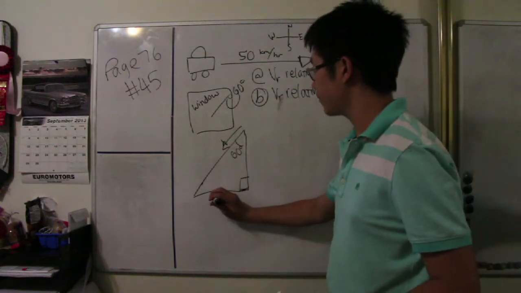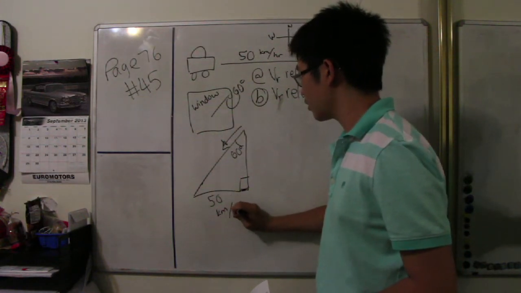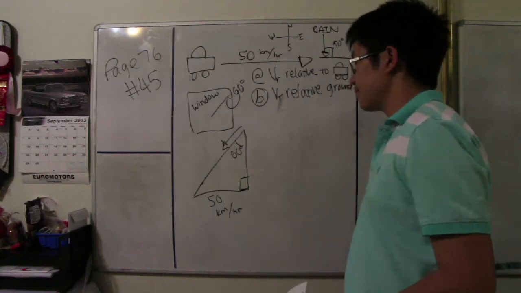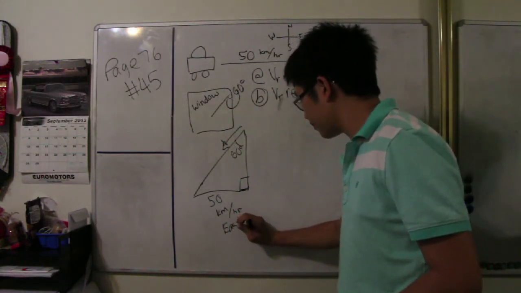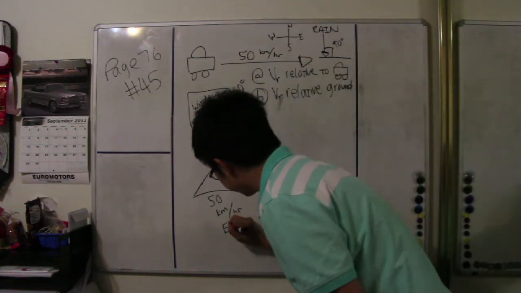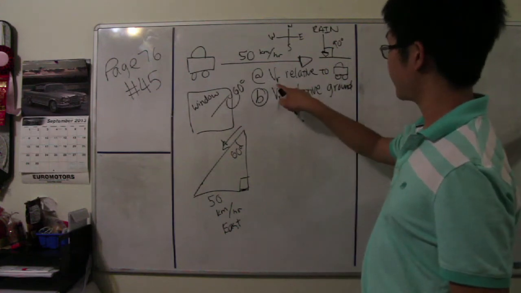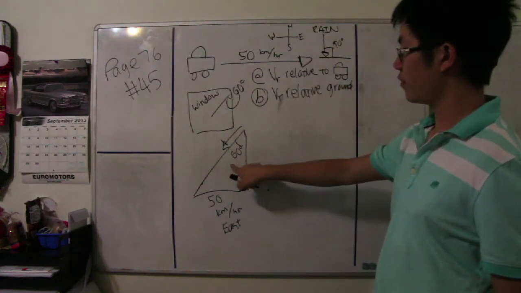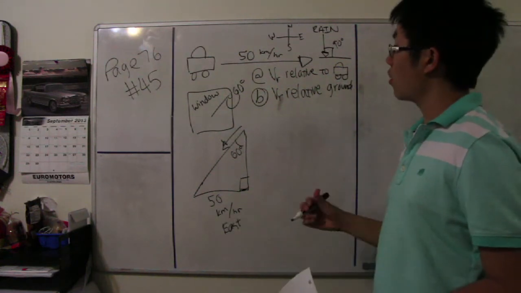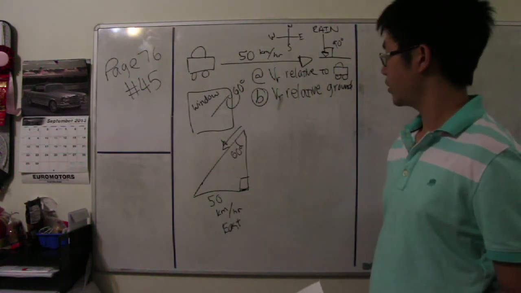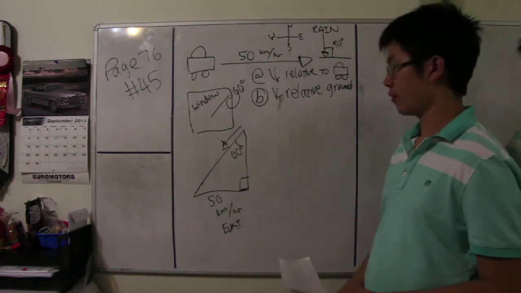And we have the car going 50 kilometers per hour east. Okay, so now to find the velocity of the rain relative to the car, you will be looking for the hypotenuse of this right triangle.